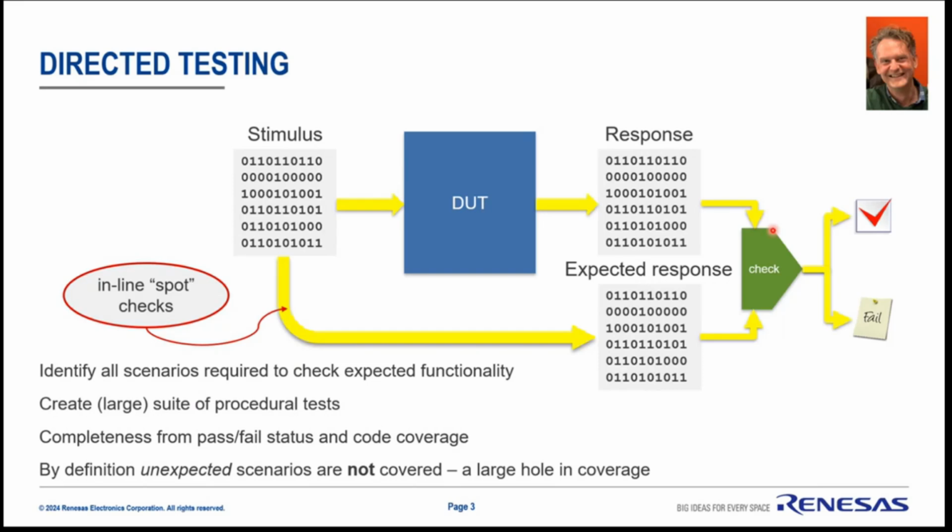But the big problem with directed testing is that by definition, unexpected scenarios are not covered, and typically that's where bugs are, in the things you don't think about, or the interaction between parts of your design that you haven't thought about properly, and that's potentially a large hole in your coverage.